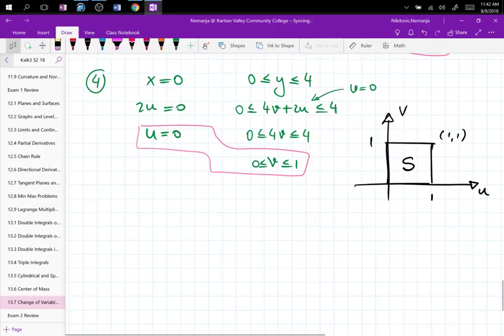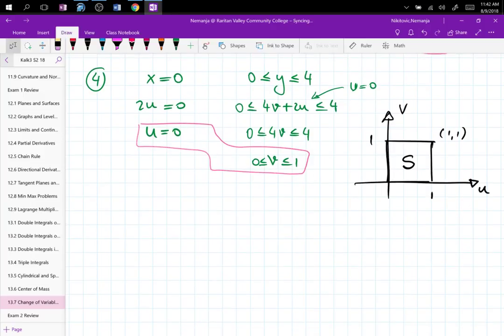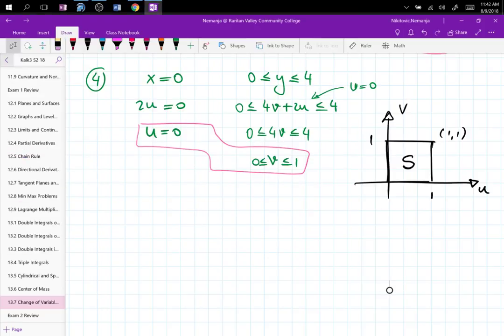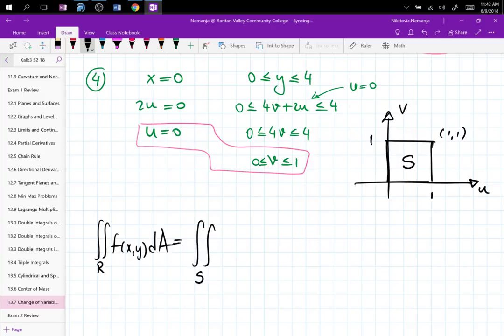Let's finish this problem. So now what I'm going to do is write the formula that is a complete transformation of everything that you have to do. And that is this. So the double integral in region R of some function of x and y dA is going to be now the double integral over region S. S stands for easy, right? There is an S in the word easy.